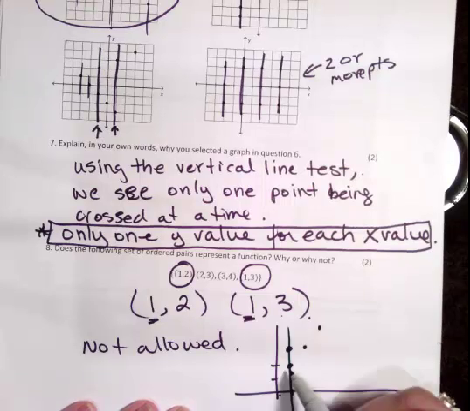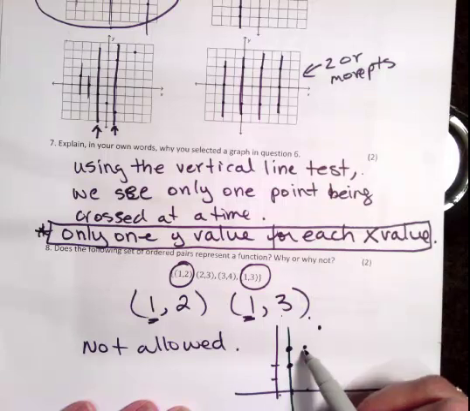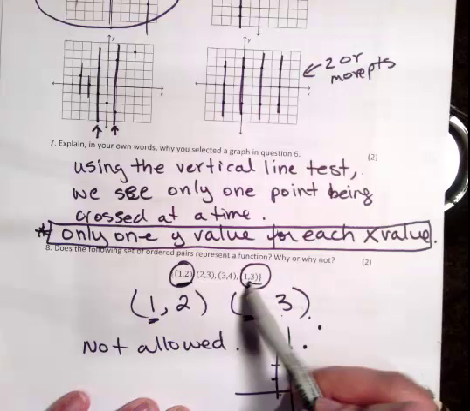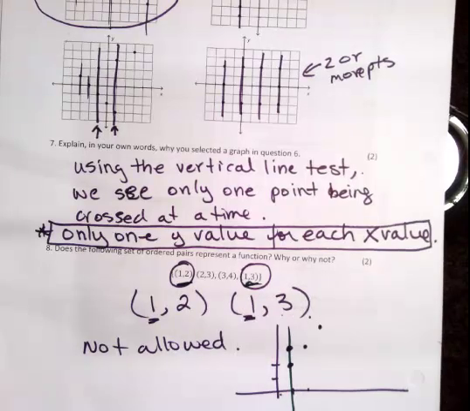Okay, so this point again, because it was off the screen, is (1, 2). This point is (2, 3). This is (3, 4), and this one is (1, 3). So again, it's this point and this point that make the test fail. So this is not a function.